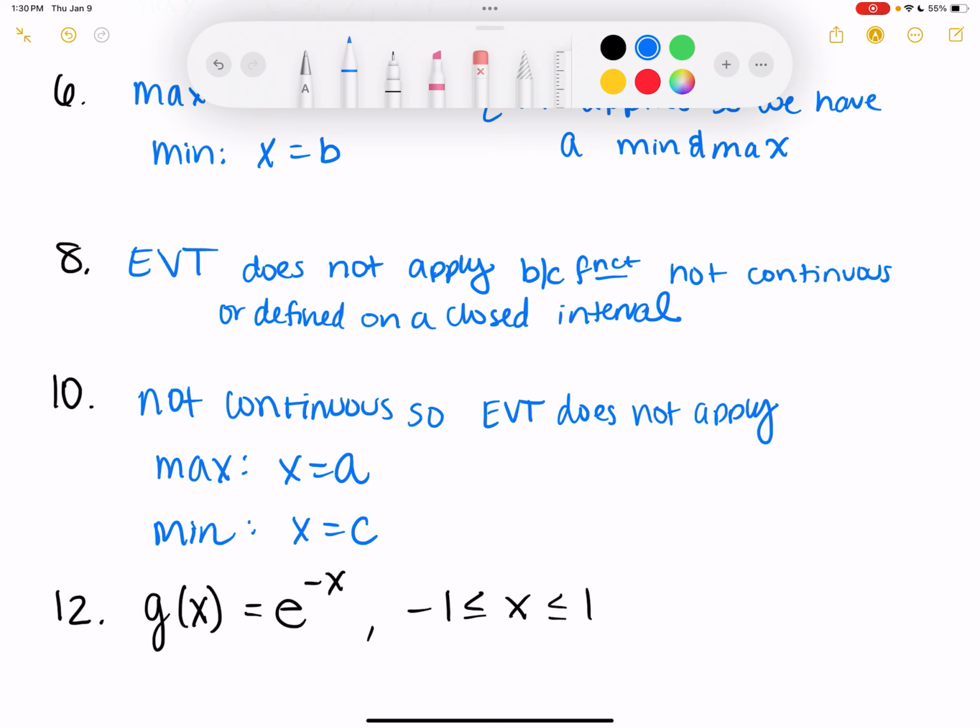Basically, we're going to take the derivative, set it equal to 0, and then use the original function, plugging in the endpoints to see if we have a max or a min at our endpoints.